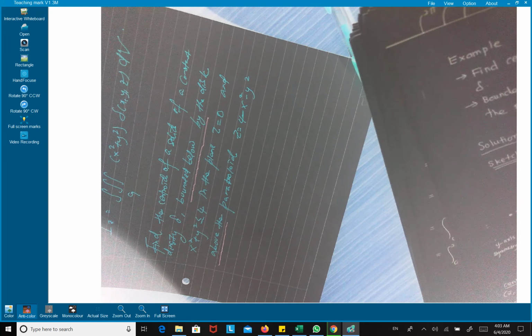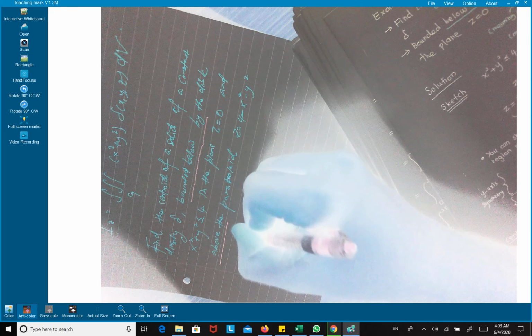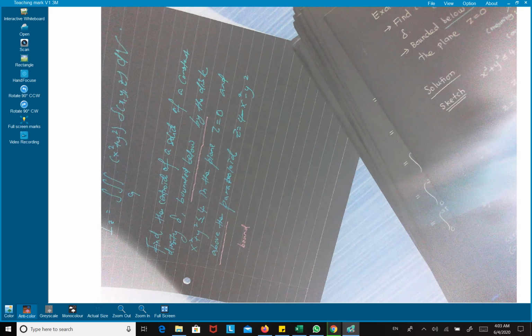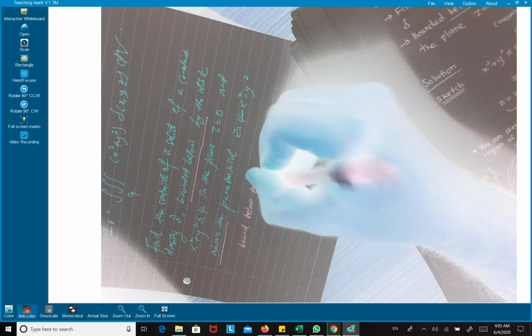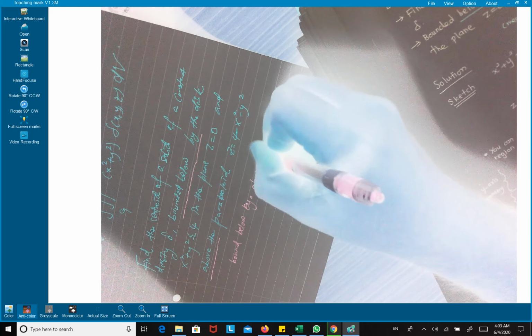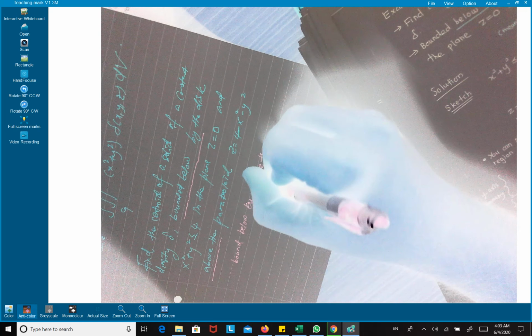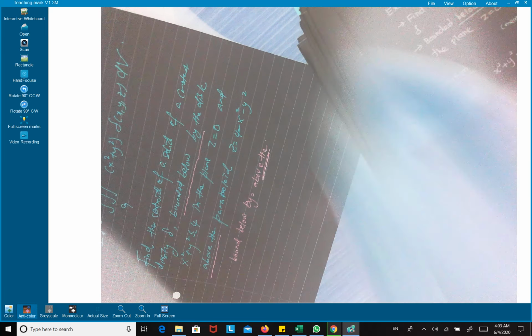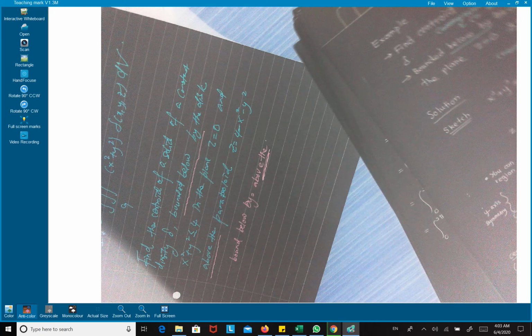Okay, bounded below by means above the, which means it is exactly above the surface. Okay, also and vice versa.